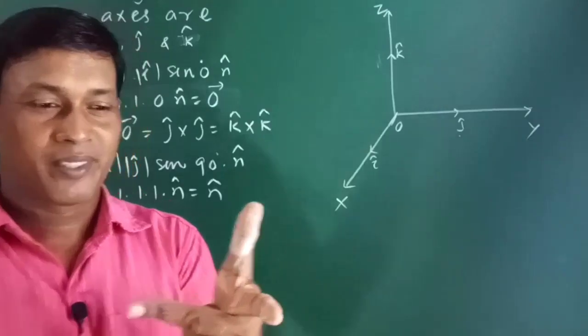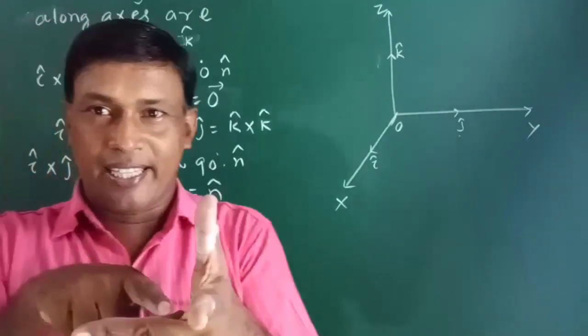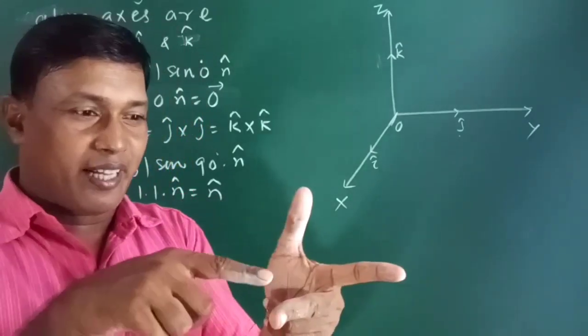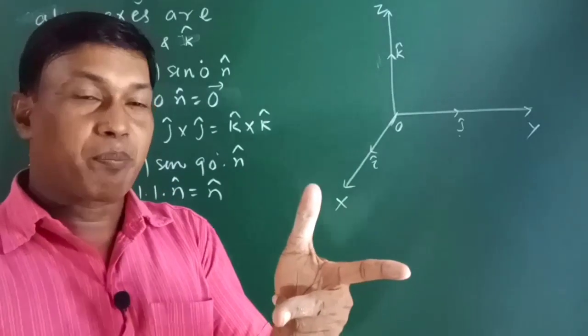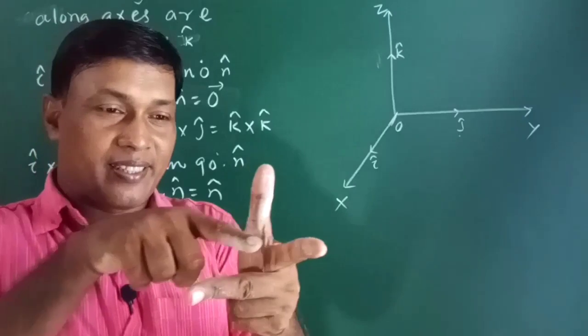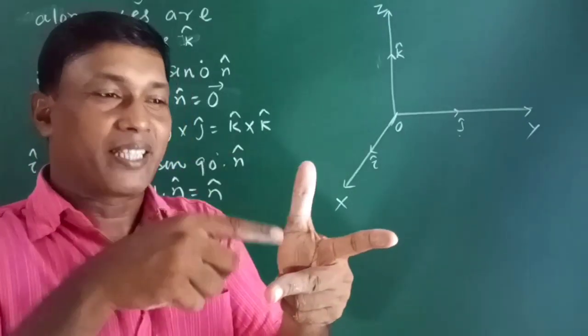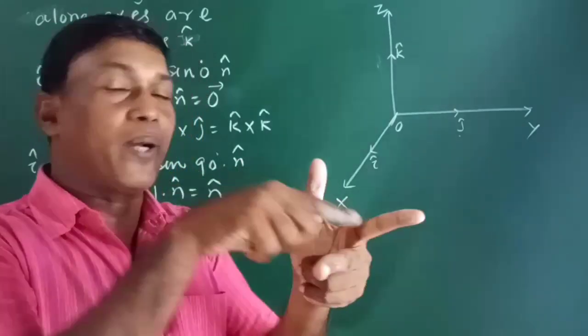Look here: x axis, y axis, and this is z axis. The line which is perpendicular to both x axis and y axis is the z axis.